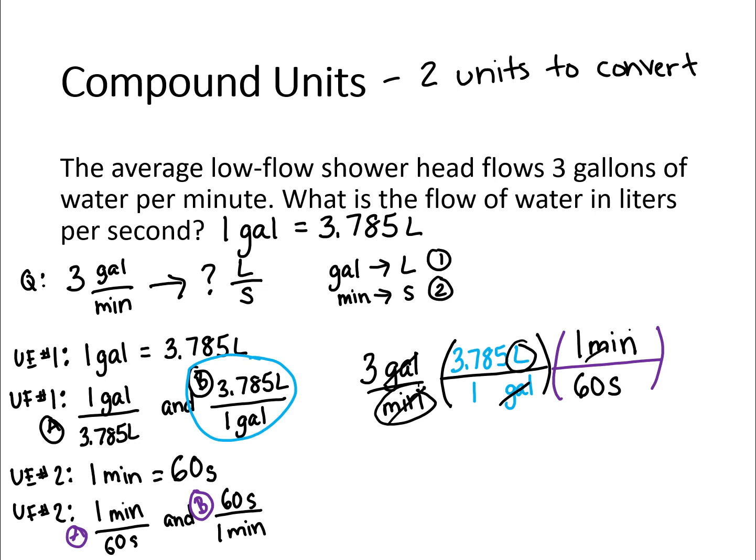So I'd get rid of my minutes and I'd have liters per second. That's why I go through and do the unit analysis. So does it make sense why we're choosing A this time instead of B? Let me know if you're good. Just let me know something.